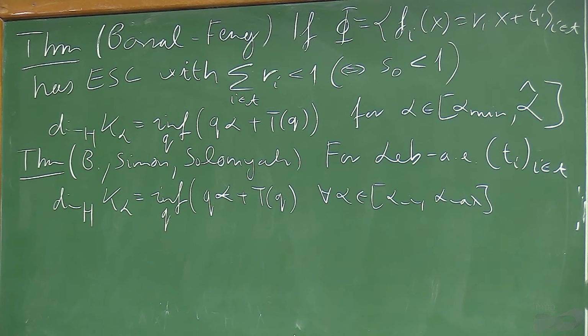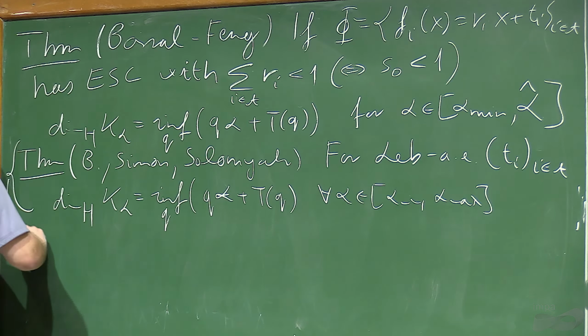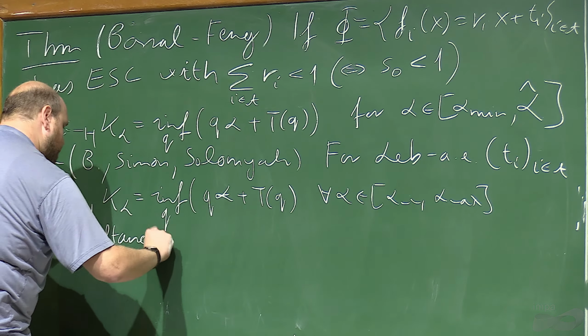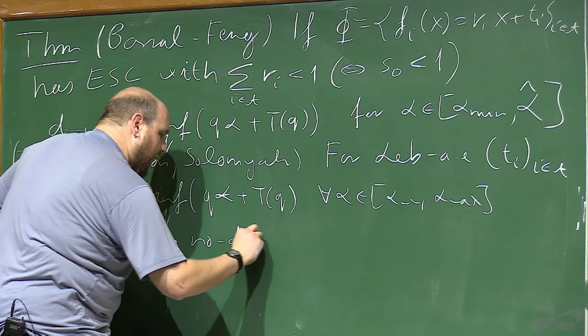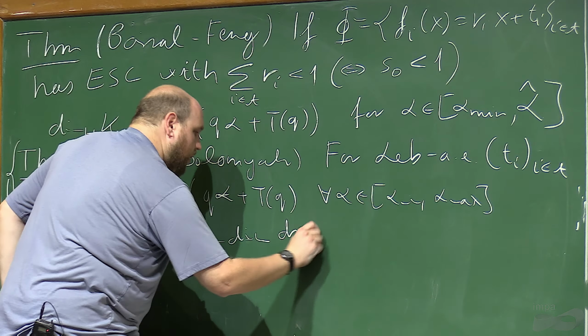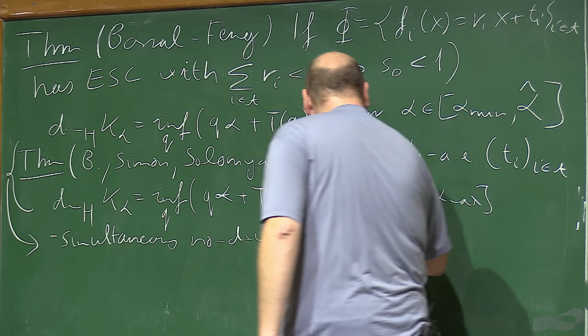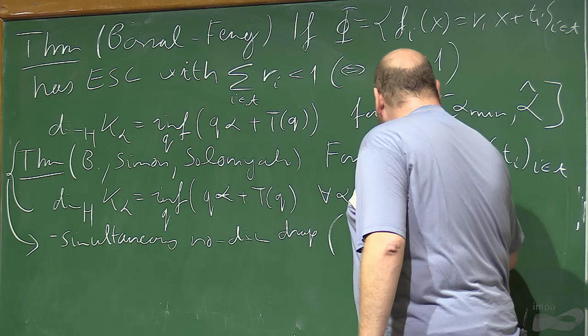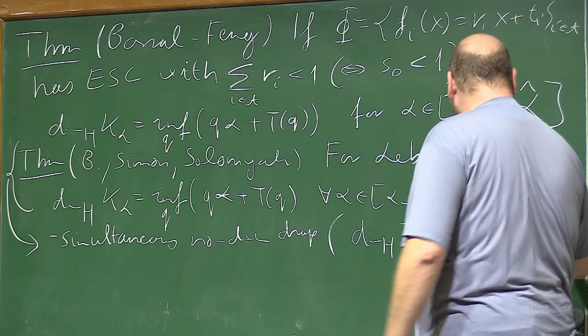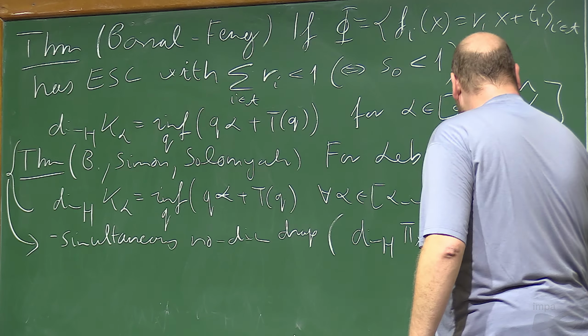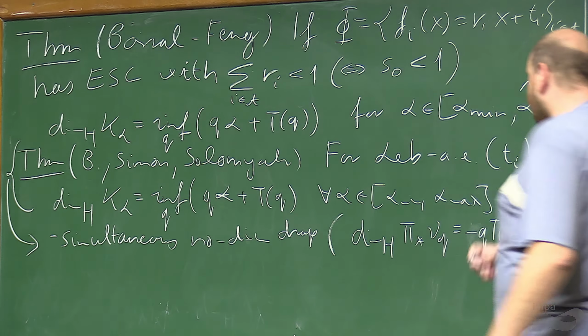So this relies also on two things. First is the simultaneous no dimension drop, which means that we know simultaneously for every ergodic measure that almost surely there won't be any dimension drop. So we know that typically the dimension of the push forward of this nu q measure is what it is: minus q times the derivative of tq, plus tq.